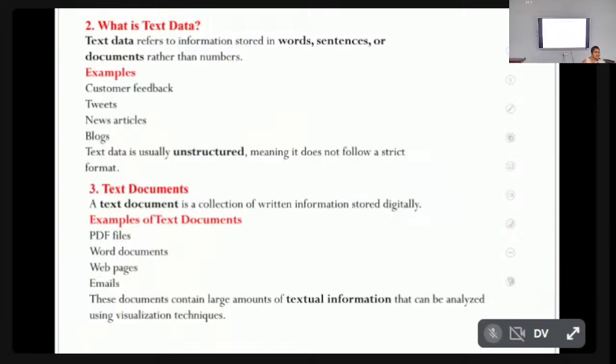Is there any structure which you are following there? No, there is no structure I am following there. I said either PDF or Excel or Word, any type of data. Clear? Next I say, send me the assignment in the form of a PDF. Means what? PDF has a structure. Clear? That is semi-structured data.